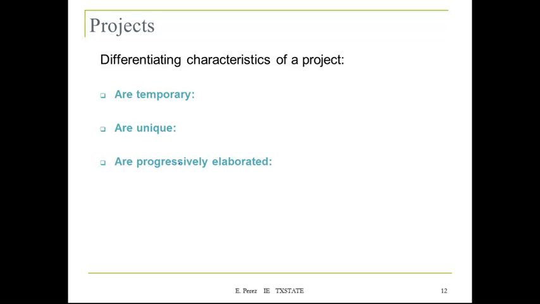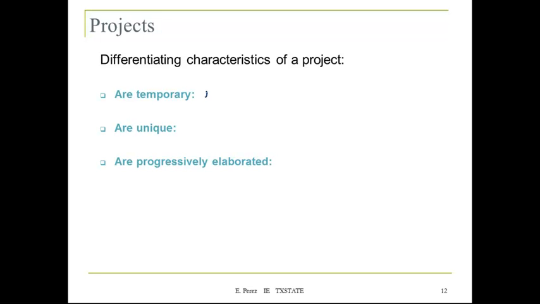Okay, so differentiating the characteristics of a project. So again, projects are temporary. You're going to have a schedule. You know you're going to have a startup time and a final time for your project.